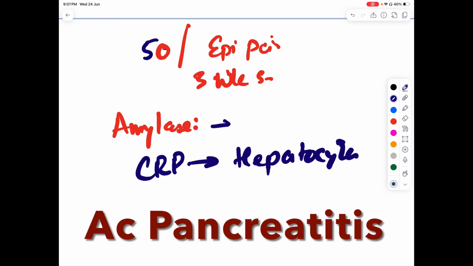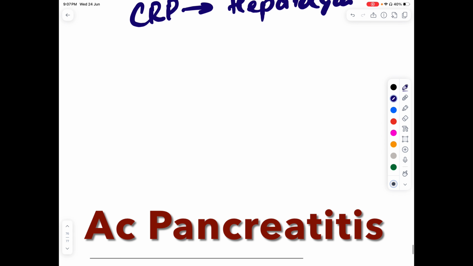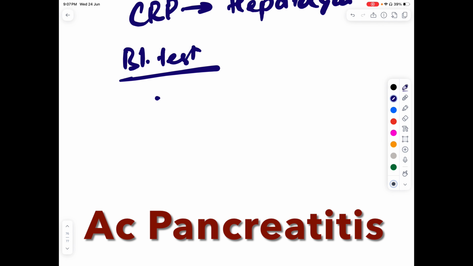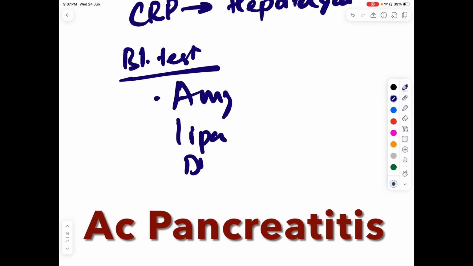Blood tests in acute pancreatitis: you do serum amylase, lipase, lactate dehydrogenase, CRP, and WBC count. Biochemical tests are electrolytes, blood glucose, calcium, and albumin levels.